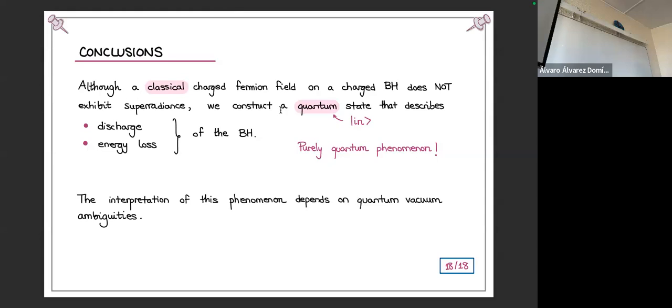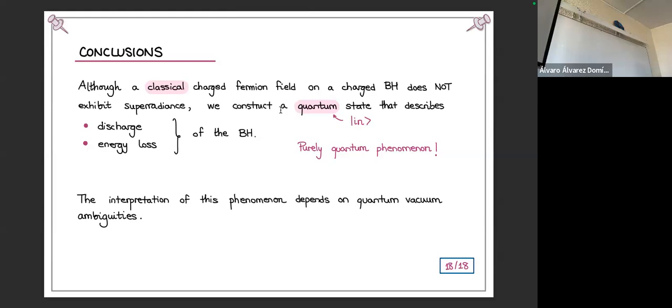Yes, for scalar fields, I think it's quite a different thing with respect to fermions, because with fermions we do not have classical superradiance. So I would expect, with my absolute ignorance, that in that case, because that's classical, I don't expect great things to happen there.